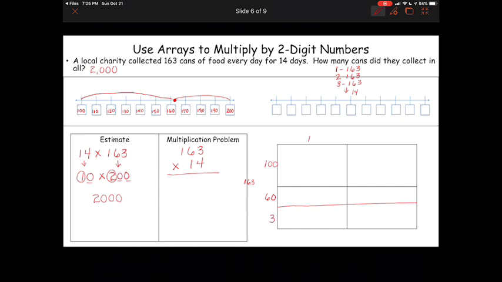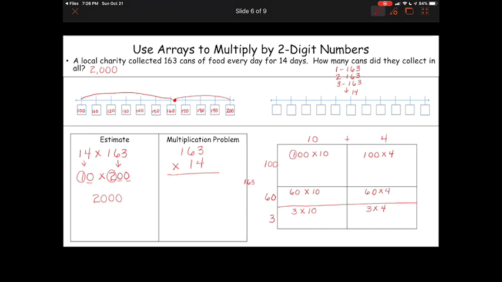And 14 is going to be 10 plus 4. Now I'm ready. 100 times 10 and 100 times 4. Finish with 100. 60 times 10, 60 times 4. Finish with 60. 3 times 10 and 3 times 4.